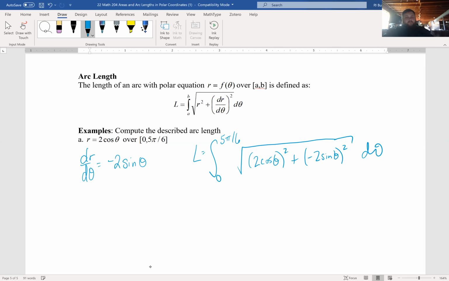Plug in all the appropriate parts and square them. So this is going to be, looks like 4 cosine squared plus 4 sine squared. That's amazing. So I can factor out that 4.